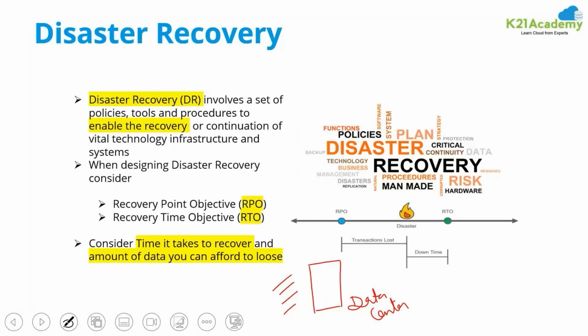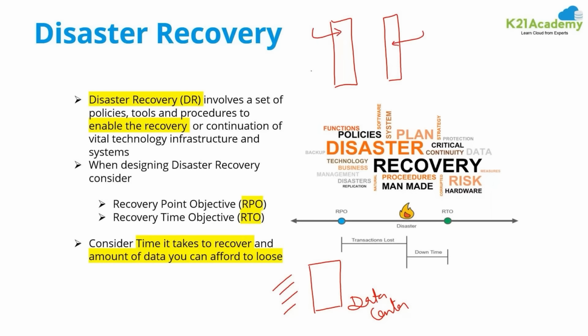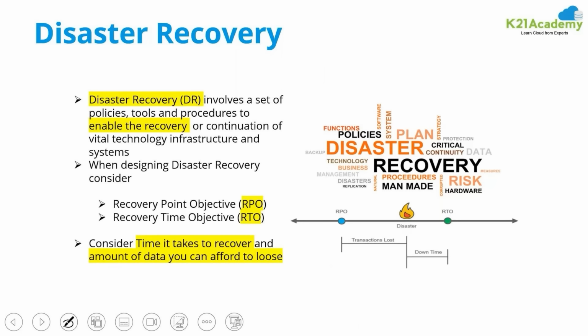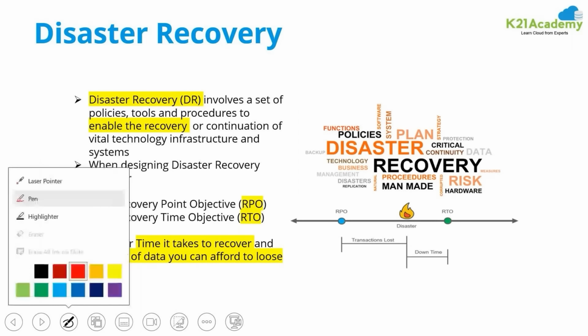Remember, in September 2011, 9/11, there were twin towers in the US, and there were big companies operational from these towers. They were commercial business hubs. People had kept their data centers in it, and one fine day it crashed and disappeared. So that could also be a kind of disaster. You never know what can happen in this world. In the next moment, what is going to happen, you never know.